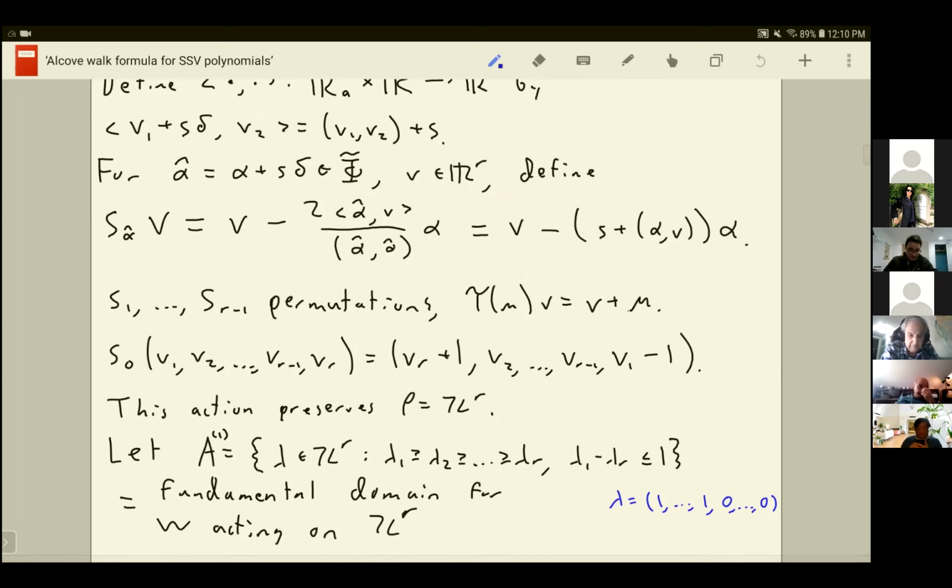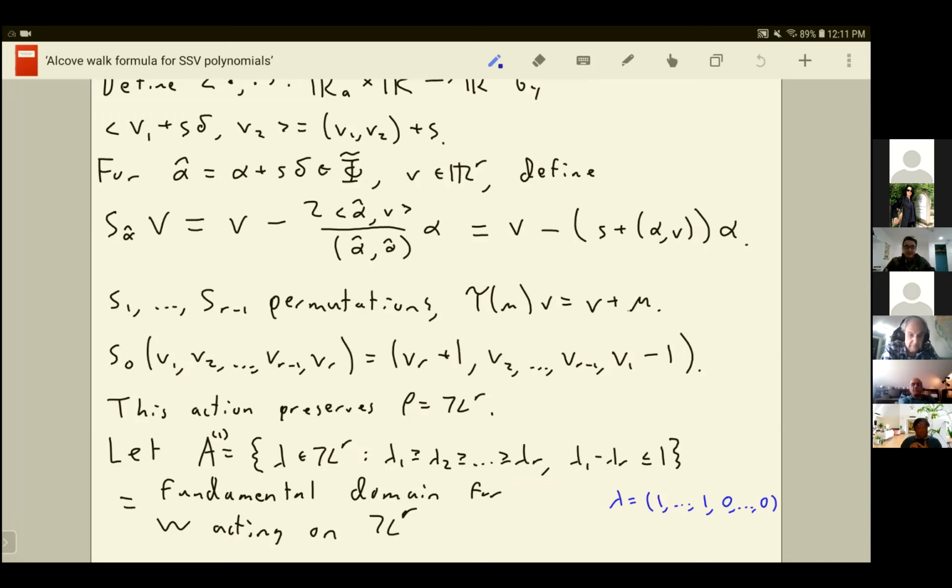And what we'll need is the fundamental domain for this action. So if you use the action of the Weyl group, you can reduce any weight to something in this space. So it'll be a partition, a decreasing integer tuple, where the greatest difference is less than or equal to 1. So in particular, it's just some number of 1s followed by some number of 0s.